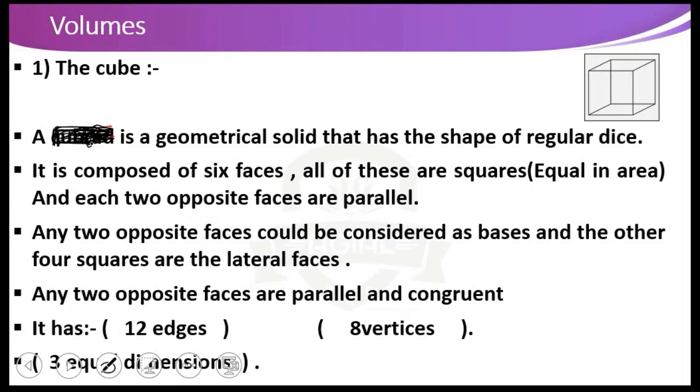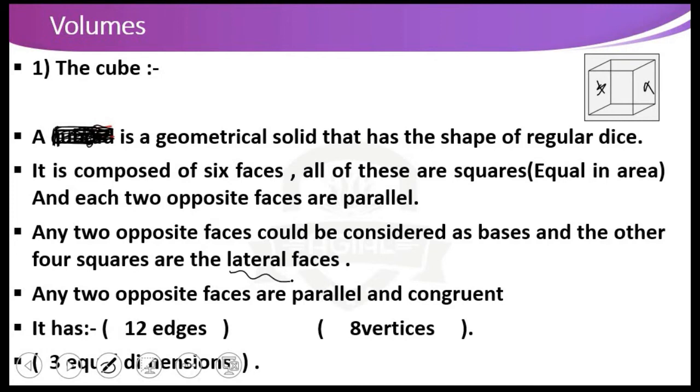A cube is a geometrical solid that has the shape of a regular dice. It is formed from 6 faces. All these faces are squares, and each 2 opposite faces are parallel. But in a cube, any 2 opposite faces could be considered bases. We have 2 faces considered the bases, and the other 4 faces are called lateral faces.